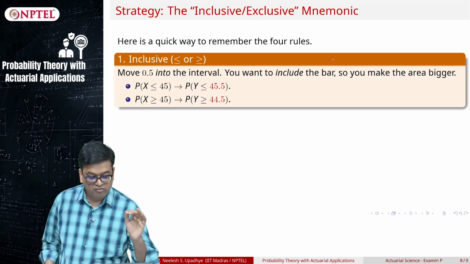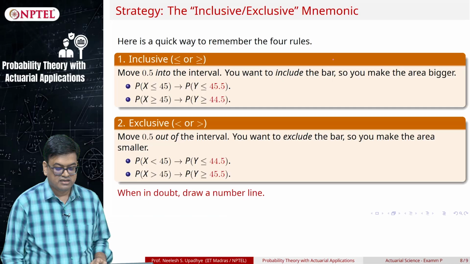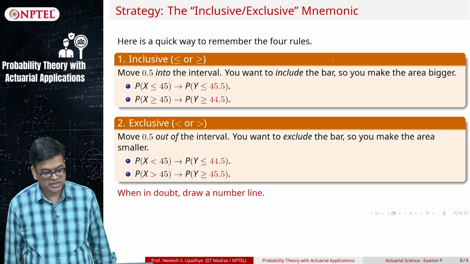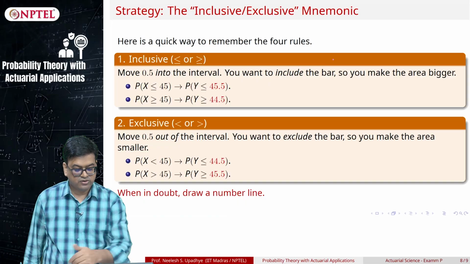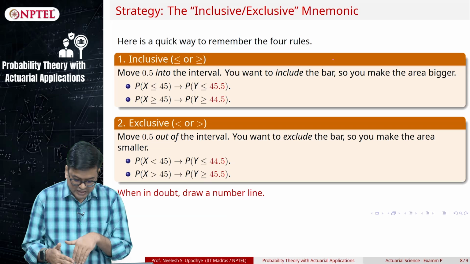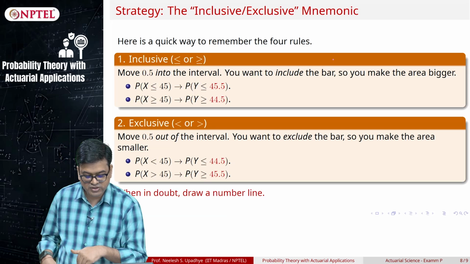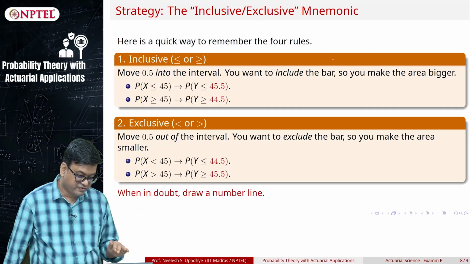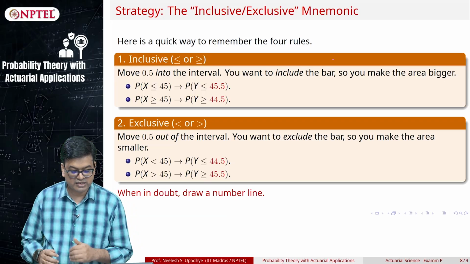What if we have strictly less than or strictly greater than? You have to move out of the interval. You do not want to be in that interval of that number. So, X less than 45, I do not want to be in it, so I will keep a space away. So, it is Y less than or equal to 44.5. If X is strictly greater than 45, what will you do? You do not want to be part of that number, right.